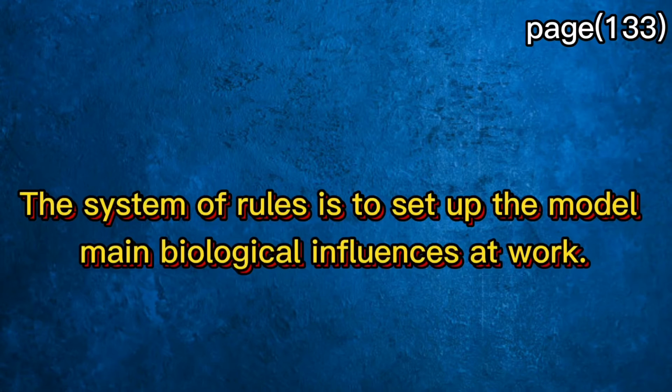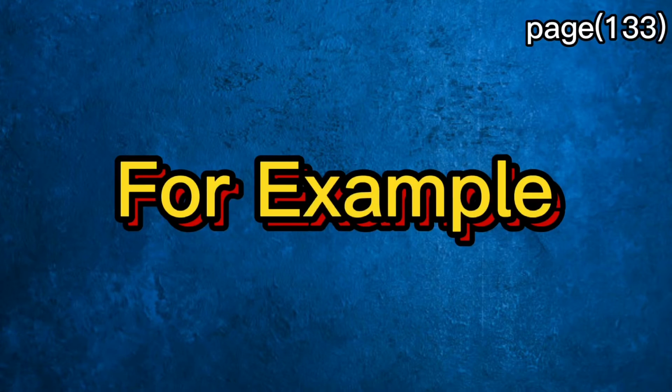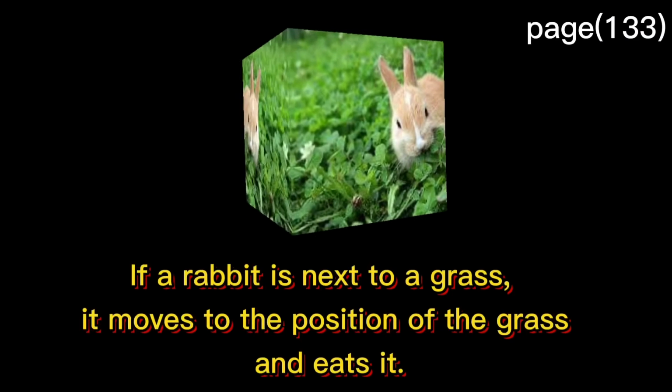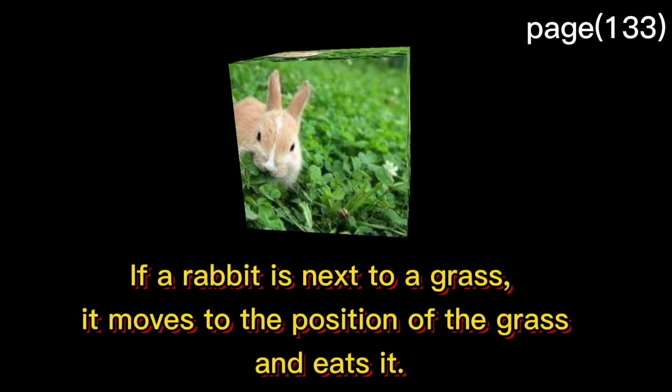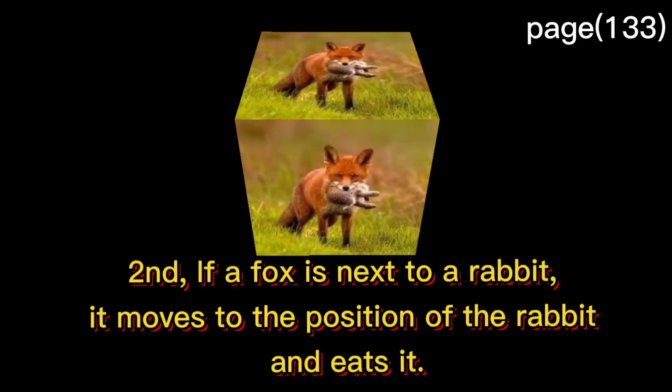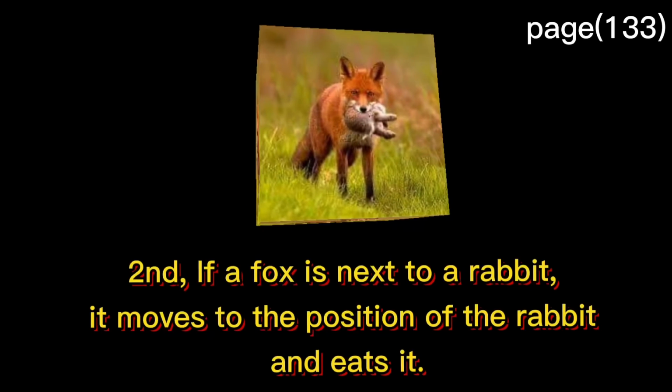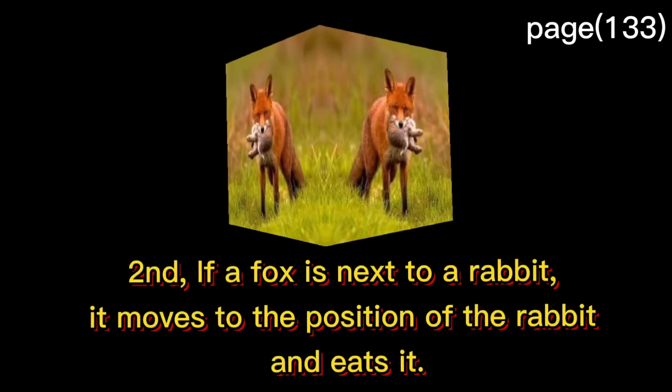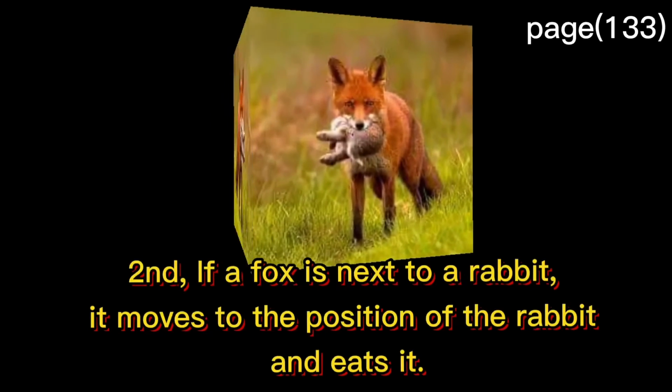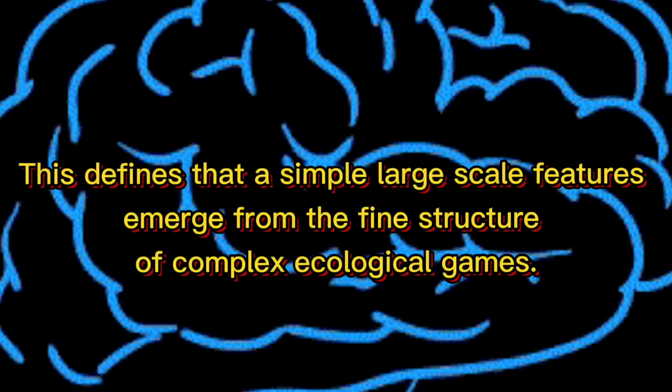The system of rules is set up to model the main biological influences at work. For example, if a rabbit is next to a grass, it moves to the position of the grass and eats it. Second, if a fox is next to a rabbit, it moves to the position of the rabbit and eats it. This shows that simple large-scale features emerge from the fine structure of complex ecological games.